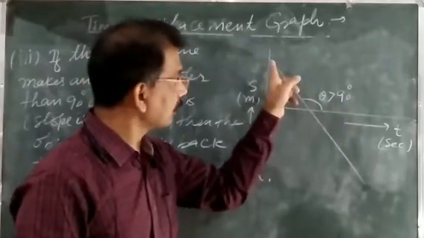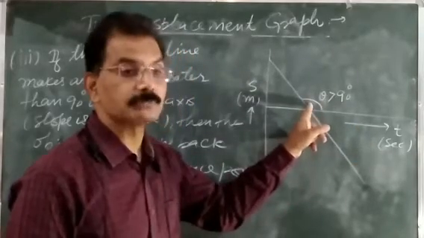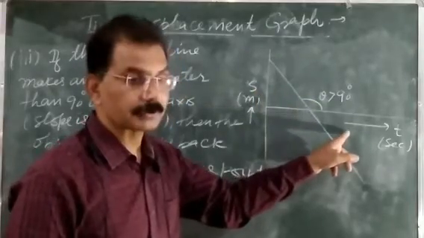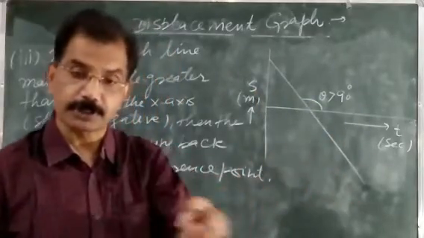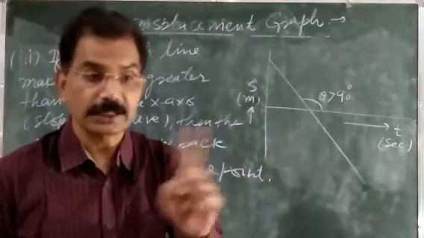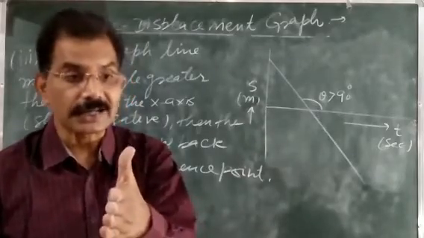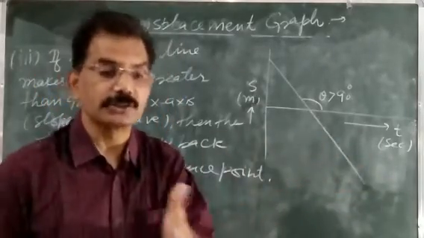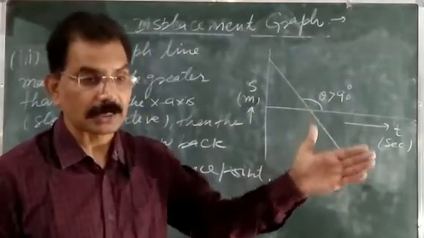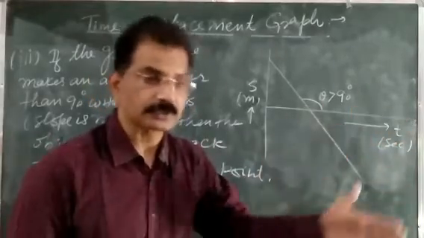When you calculate the slope of this displacement time graph in this case, that slope becomes negative. And if the slope is negative, it means the velocity of that object is negative. But remember, negative velocity does not mean retardation. Negative velocity means the object is returning back towards the reference point, the point from which you started moving ahead, the object is going back towards that same point, going in reverse.